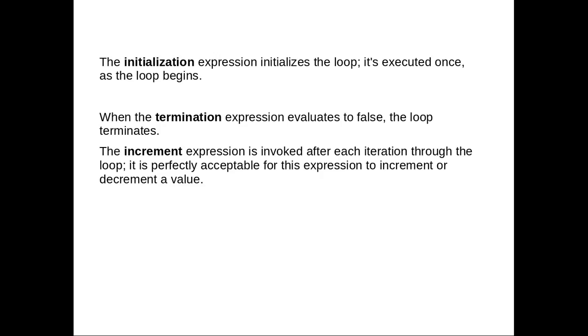If I look at the termination, when the termination expression evaluates to false, the loop terminates. And the increment expression is invoked after each iteration through the loop. It is perfectly acceptable for this expression to increment or decrement a value.